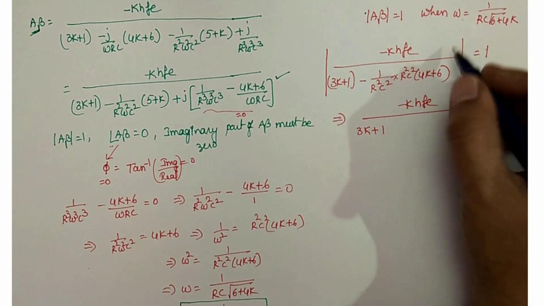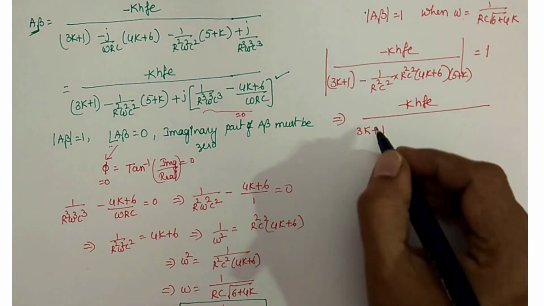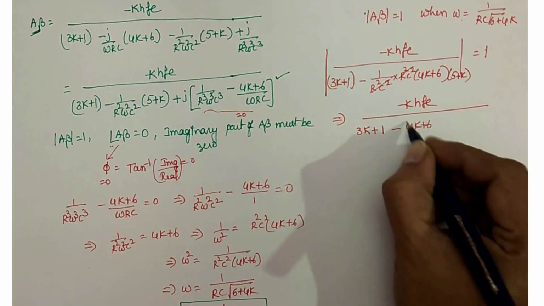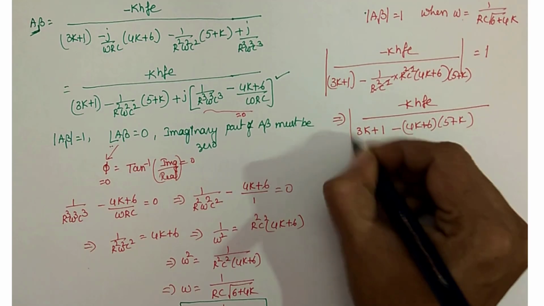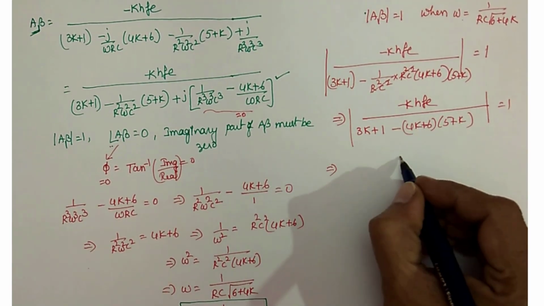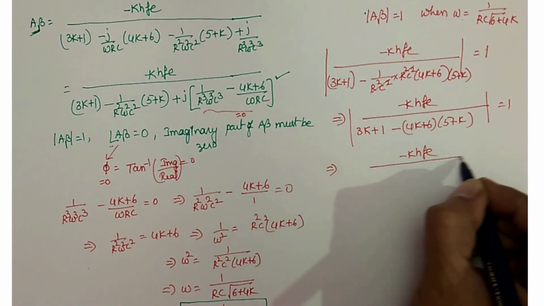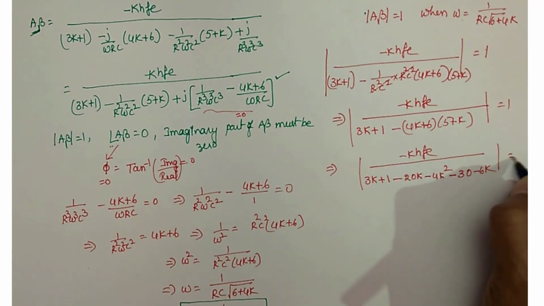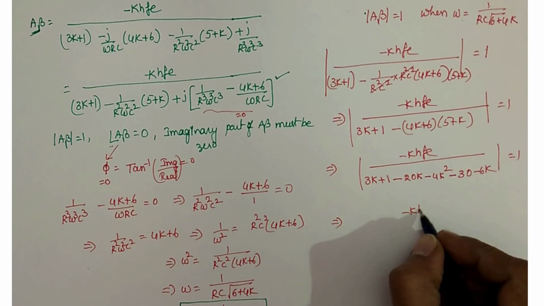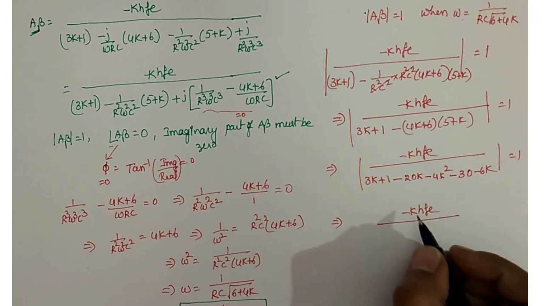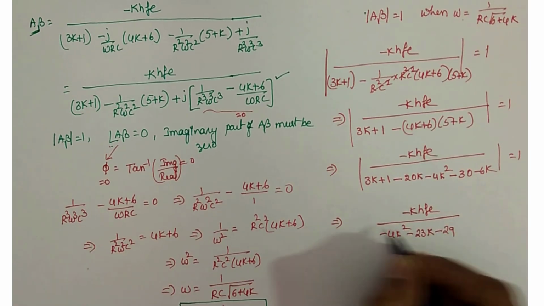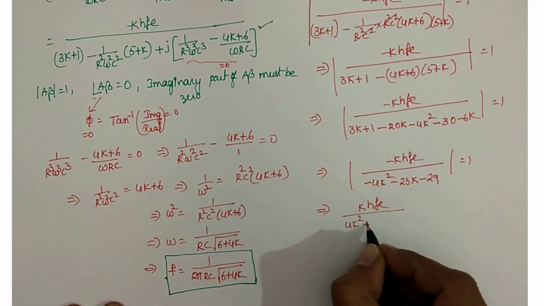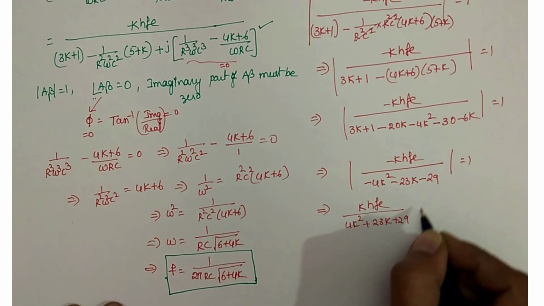Here you have this 5 plus k. This is 3k plus 1. R square c square gets cancelled. So 4k plus 6 into 5 plus k. This is 1. So it implies kHFE by 4k square plus 23k plus 29 is equal to 1.